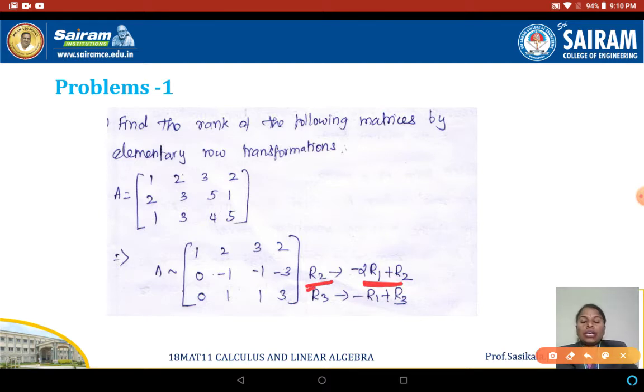So of the elementary transformations, we are using the third rule. First row completely multiplied by -2. The first element will be -2, then -2 R1 plus R2: plus 2, it will become 0.